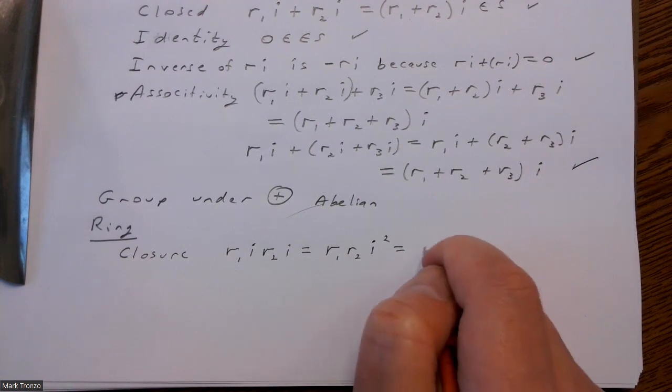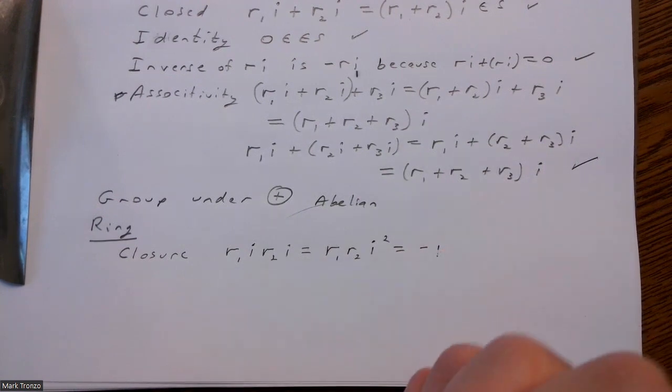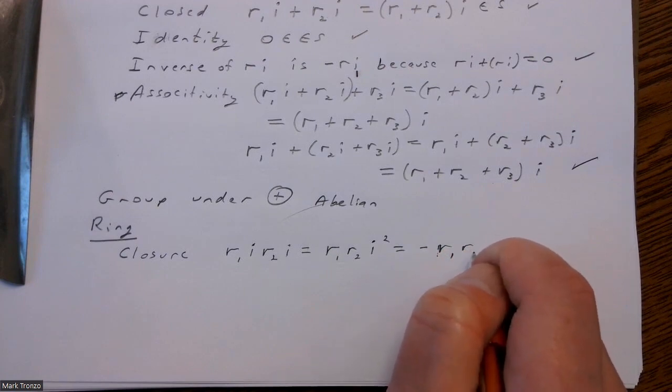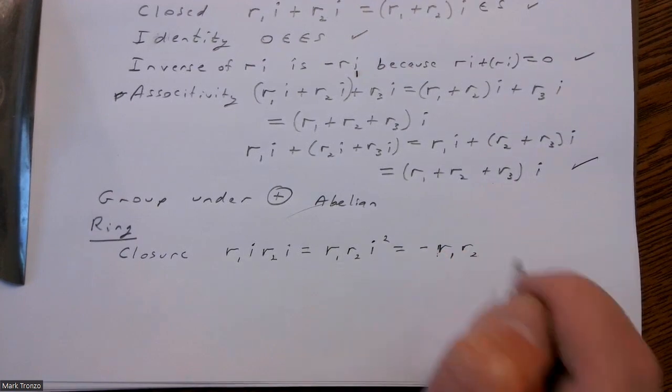And of course, i squared is -1, so we get -r1 r2, like that.